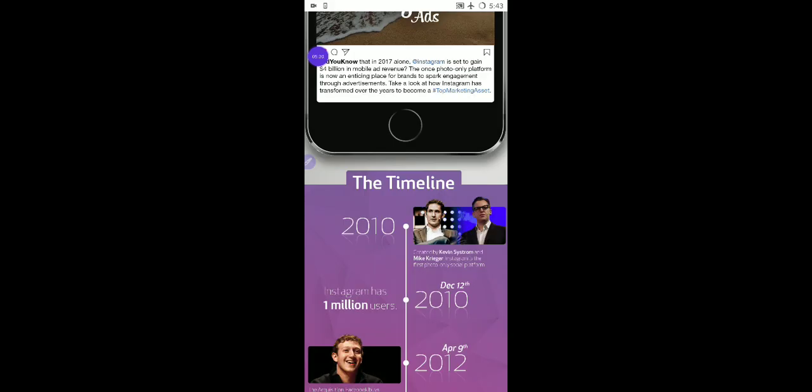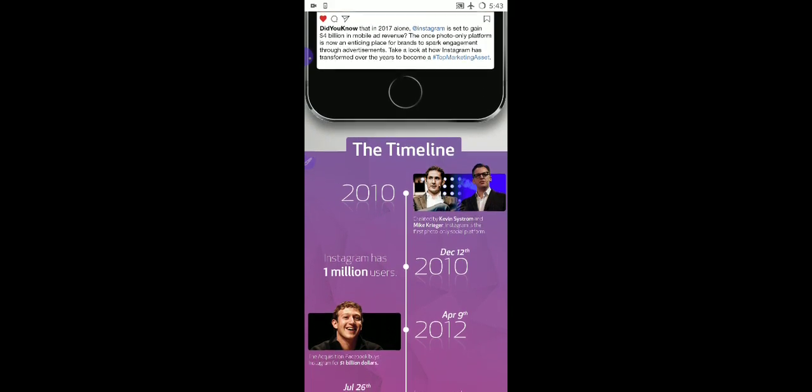The major fact with respect to Instagram is that it is the best platform among all others, popular for giving the best engagement rates to advertisers, which makes it a top marketing asset for all organizations.